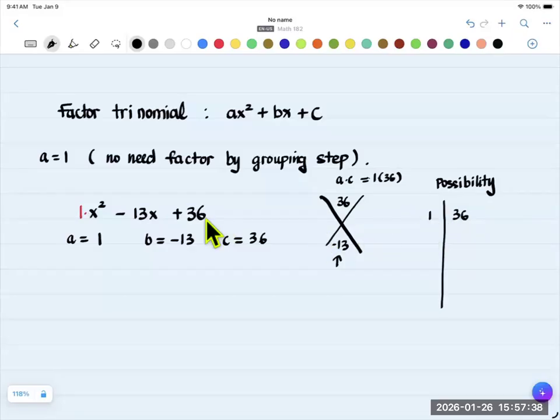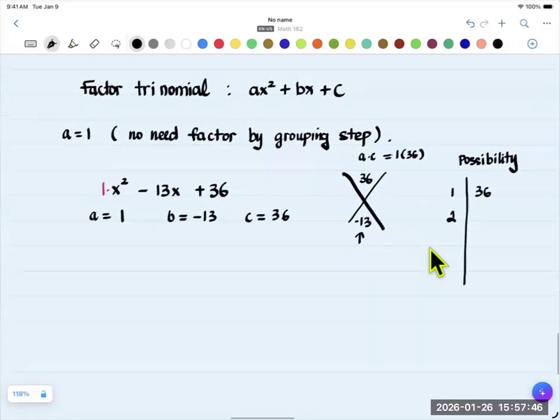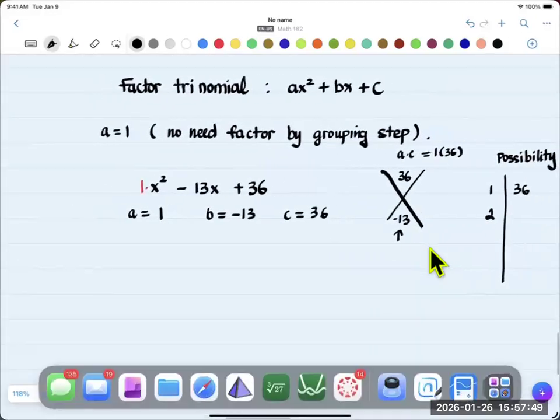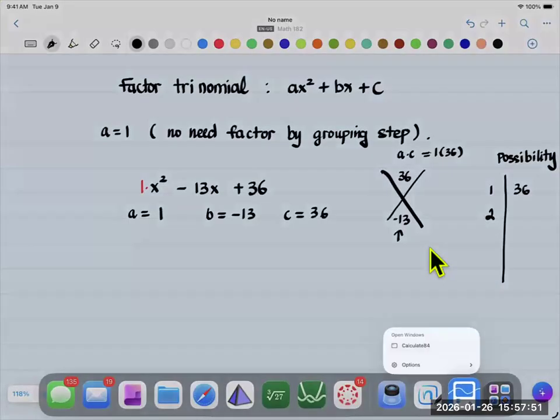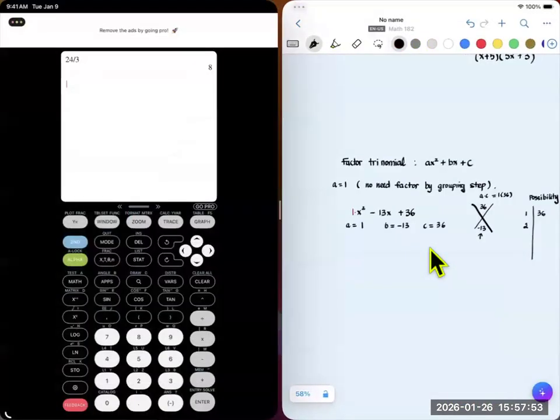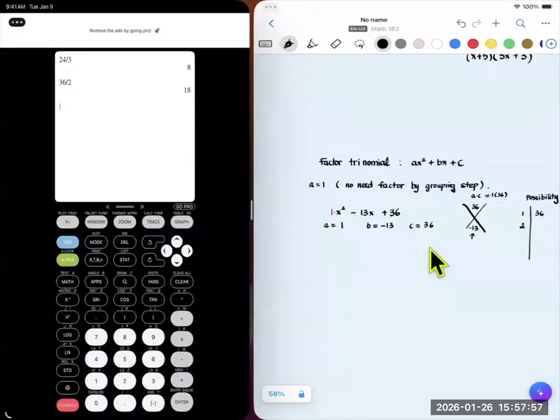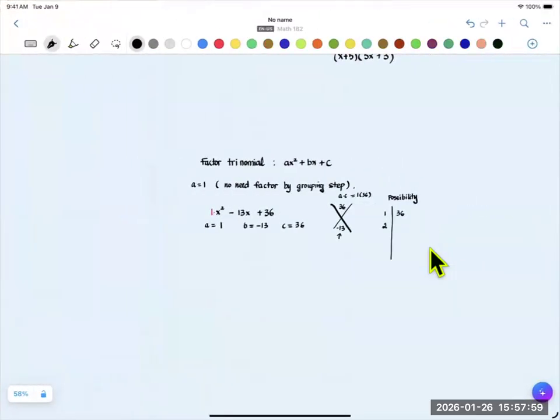So we move on to 2, because 36 can be divided by 2. If you can't do mental math, you can use the calculator: 36 divided by 2 is 18, so 18 times 2 is 36.